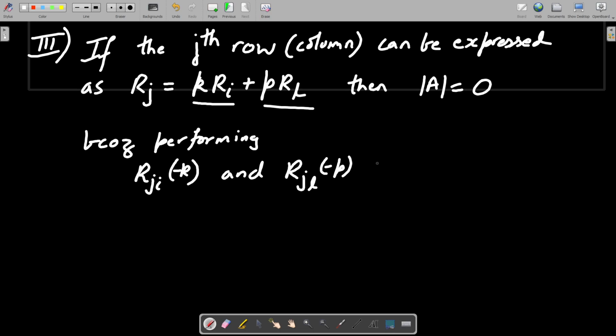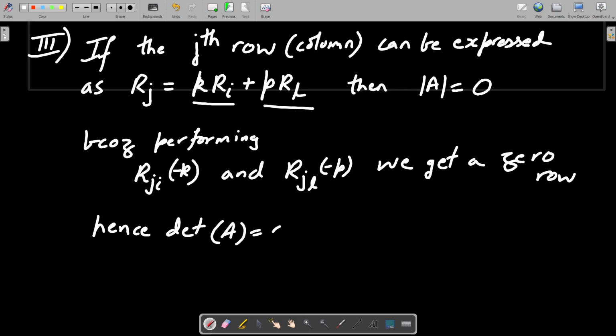By performing these two operations we get a zero row, hence determinant will be 0.